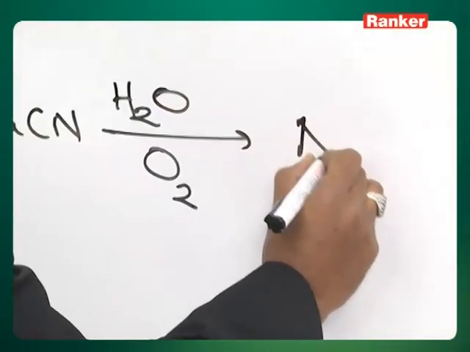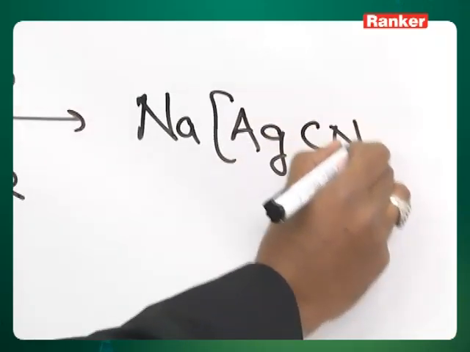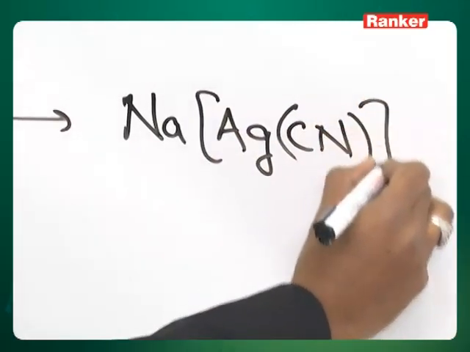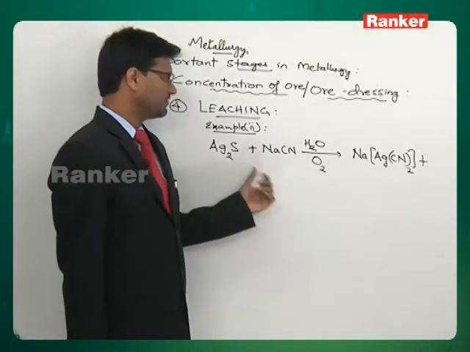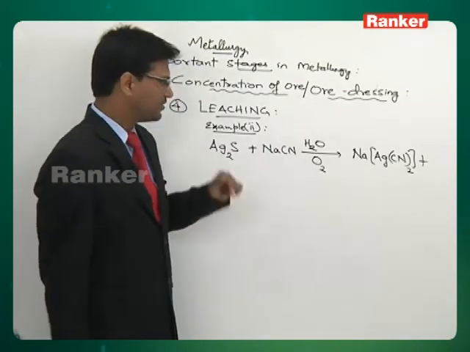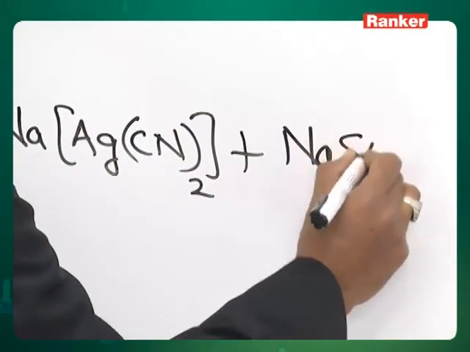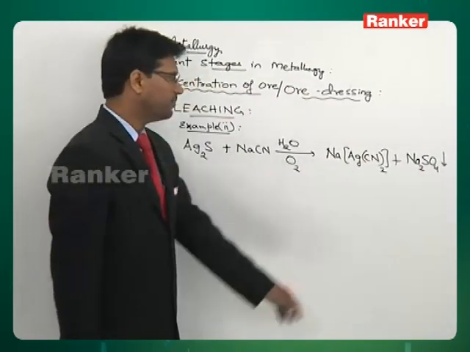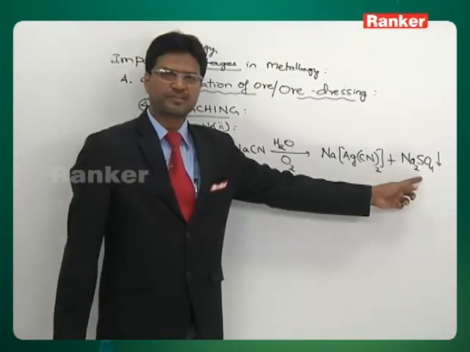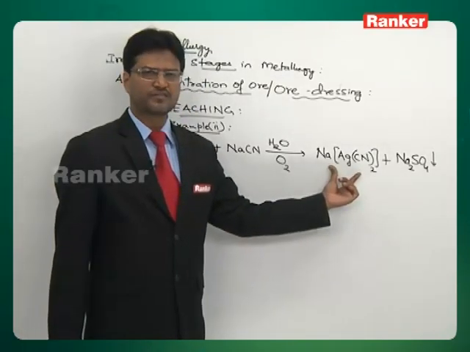Then you get a soluble complex, Na[Ag(CN)2]. This is actually supposed to become Na2S, but because we are bubbling air, the oxygen of air will oxidize it to Na2SO4. On cooling, this will form crystals which are removed by filtration. Now you are left with the soluble complex of silver.